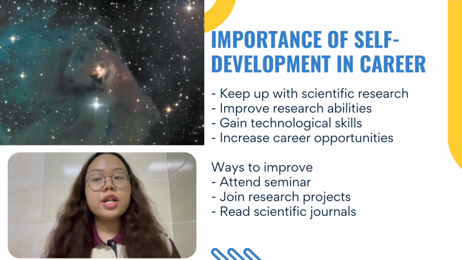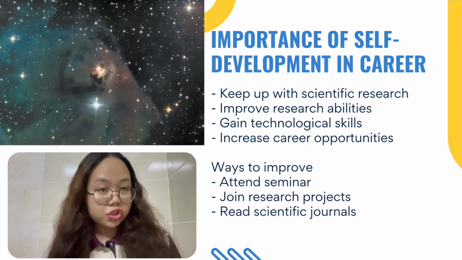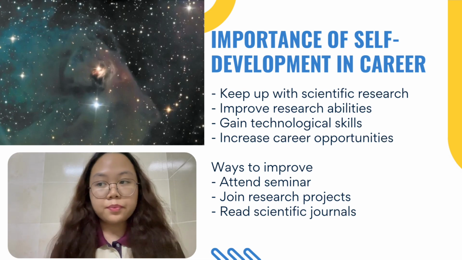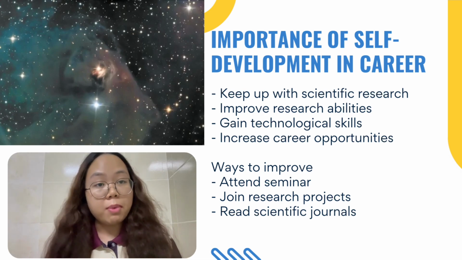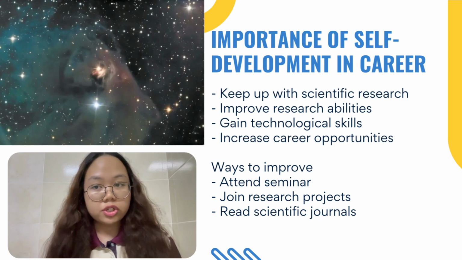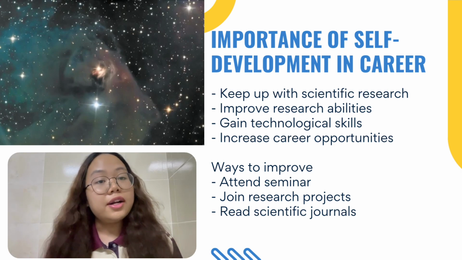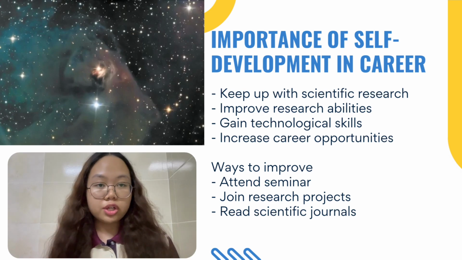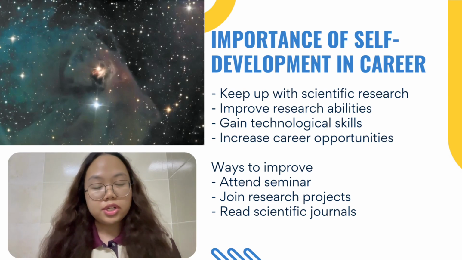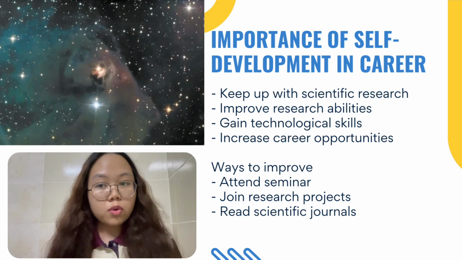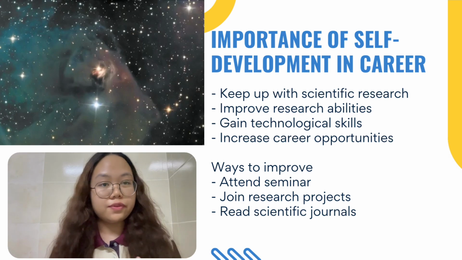In this field, we can improve by keeping up with scientific research and improving research abilities. These ways of improving are by attending seminars, joining research projects, and reading more scientific journals regarding nuclear reactions in stars. Other than this, we also need to gain technological skills and increase career opportunities so that this field will offer a lot of job scopes.